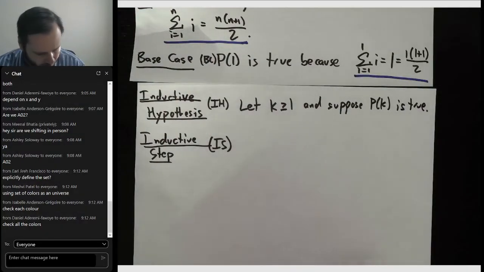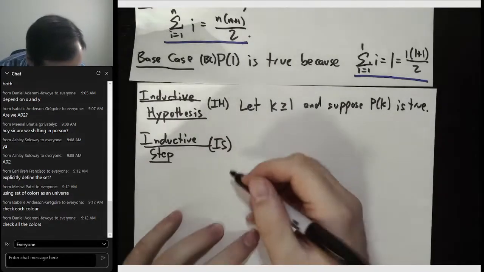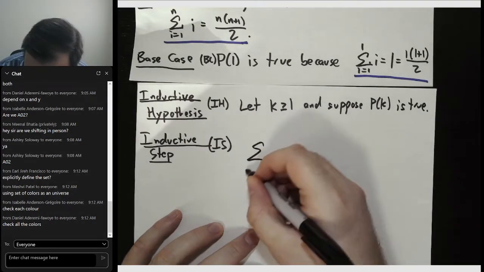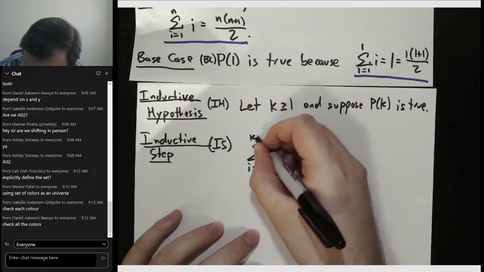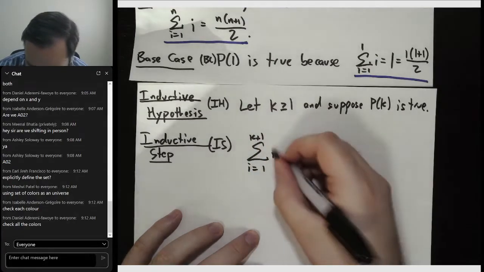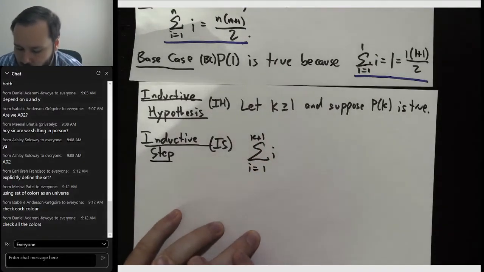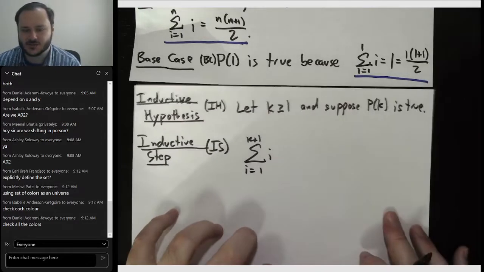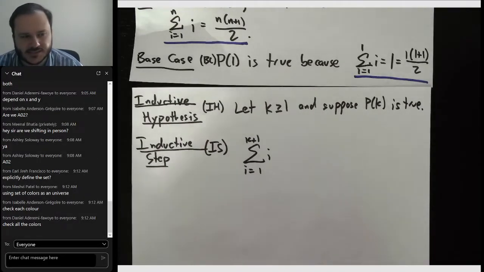So I'm going to start with what I want. Sum from i equals 1 to k plus 1 of i. Everything I've done so far has been easy. It's been set up for the induction. Here's where I want to really start checking things and doing work.